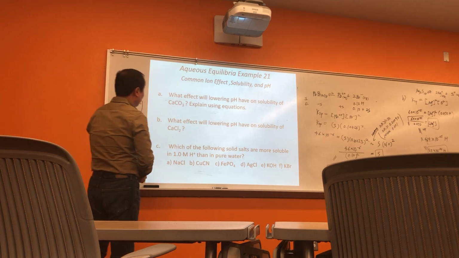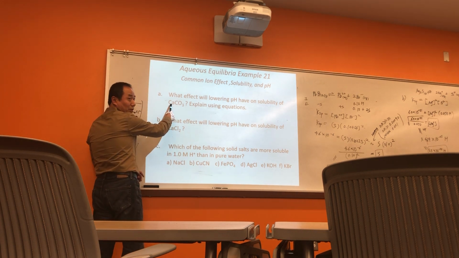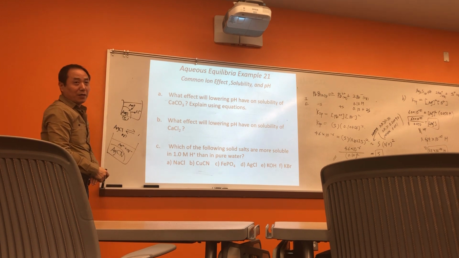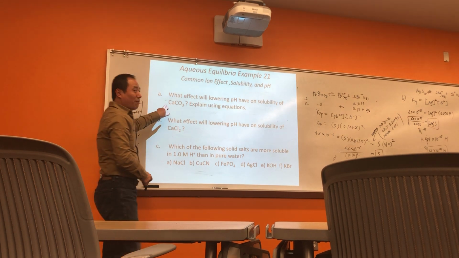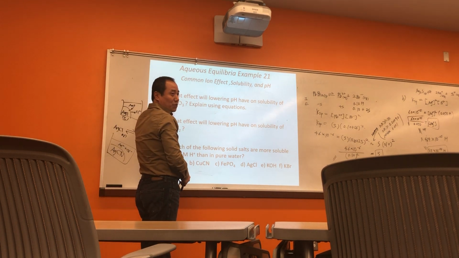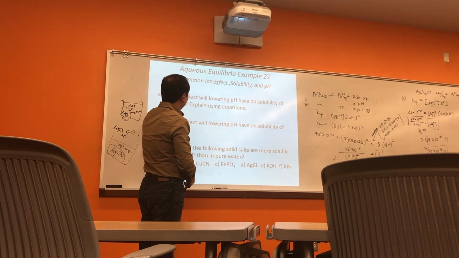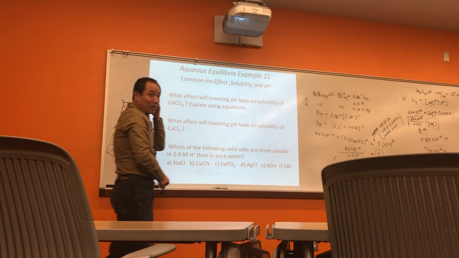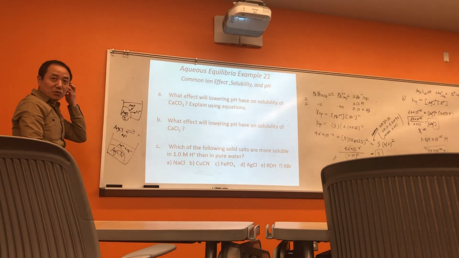What will happen? You have calcium carbonate. This is very tiny, a little bit soluble. It's not very soluble. If you're lowering pH, if low pH, would that increase solubility, decrease solubility, or have no effect?